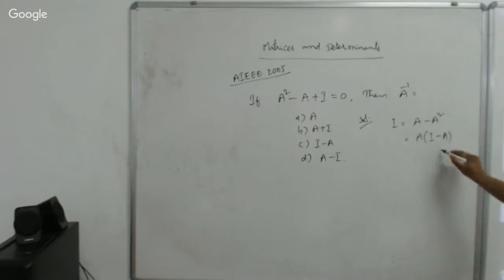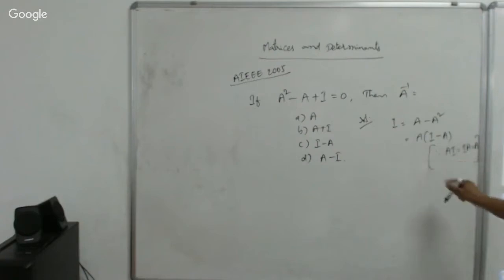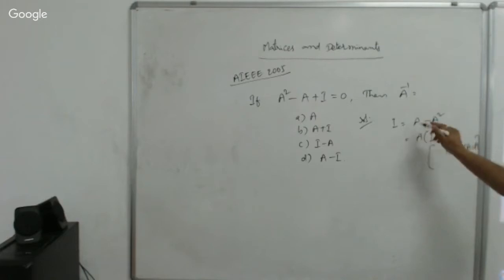Why? Because IA equal to AI equal to A. Generally, by taking A as common, we get 1, but since it is a matrix equation, by taking A as common, we get I.